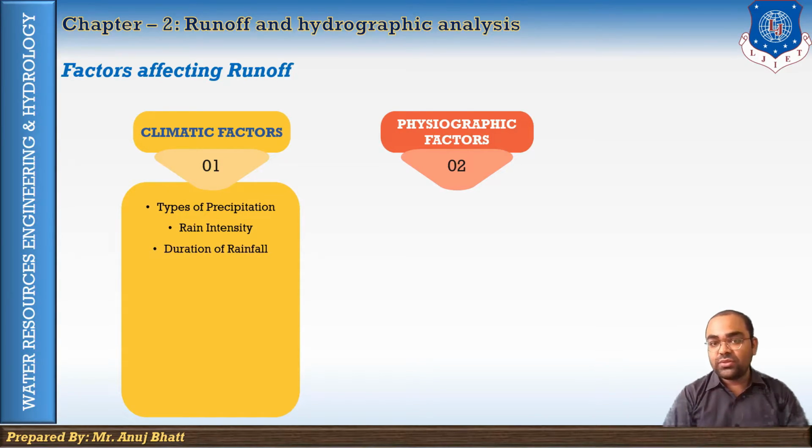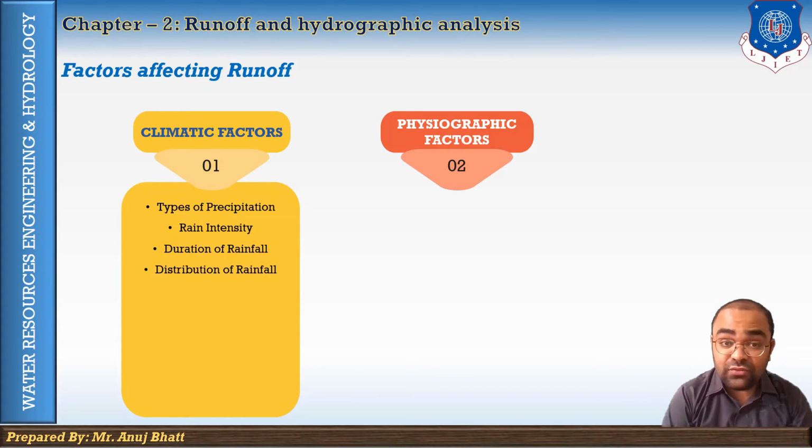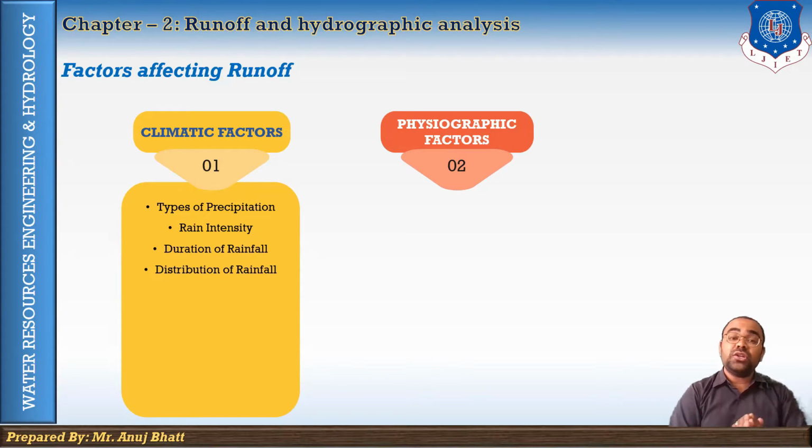While talking about distribution of rainfall, a greater areal extent of the rainfall over the drainage basin and also the rainfall for a longer duration would produce the greater runoff.